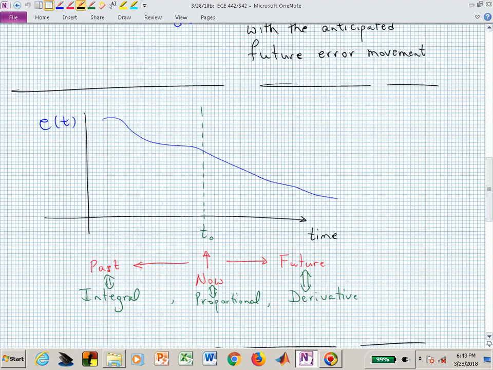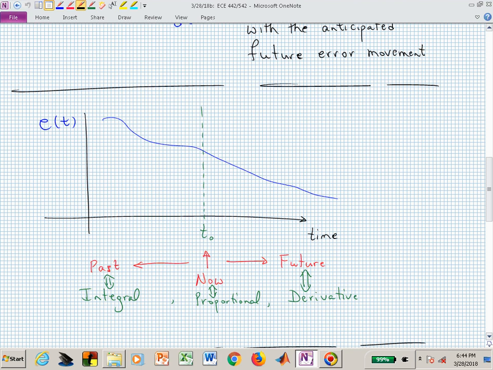Here's the picture you might be thinking of. Proportional is working on the error right now. The integral, you're integrating from some previous amount of time up to the present in your integral controller, so you're working with past errors in your integral piece.